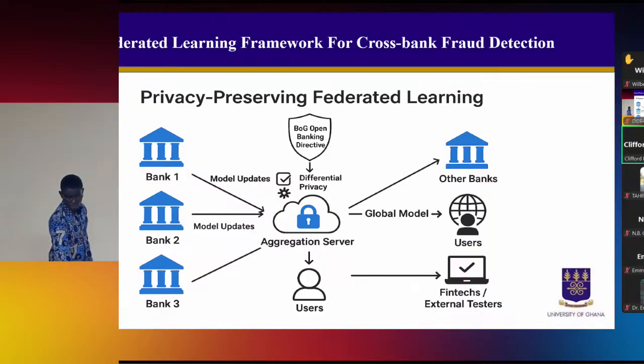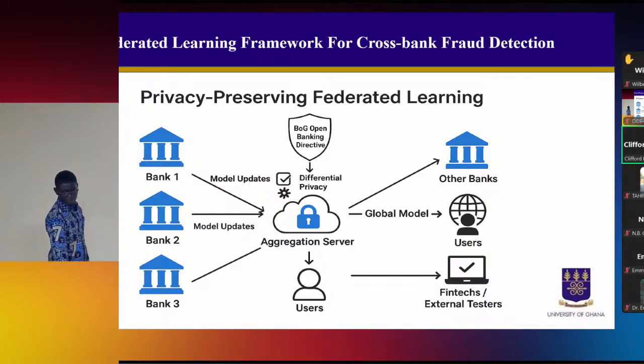Privacy is the key thing about federated learning. So no data goes to the aggregation server, only the trained models, in other words, the weights. And the weights will be pushed to the users. So you should read further about federated learning.